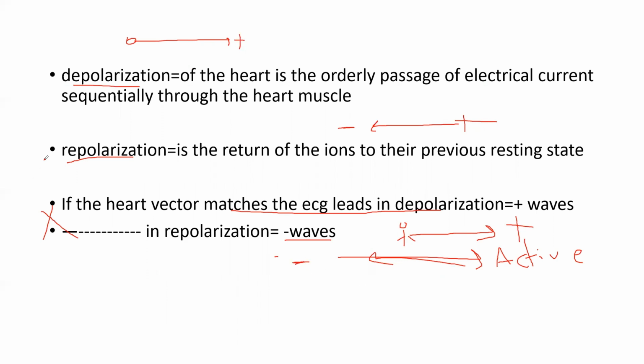But in repolarization, this is the rest mode, you are not doing anything and feeling empty. So if you go the same way, you will be negative. The opposite will be positive. And this is it: if the heart vector matches the ECG lead in depolarization, the active mode, the wave will be positive, and in repolarization, negative.